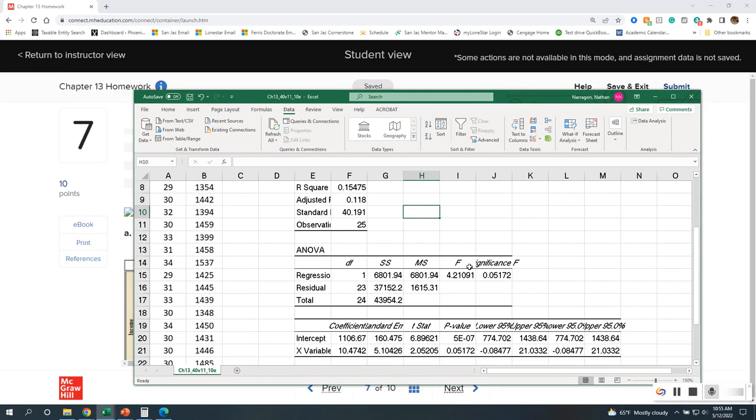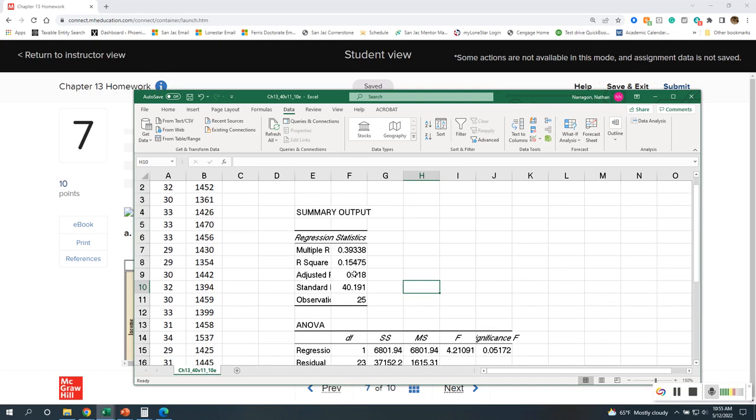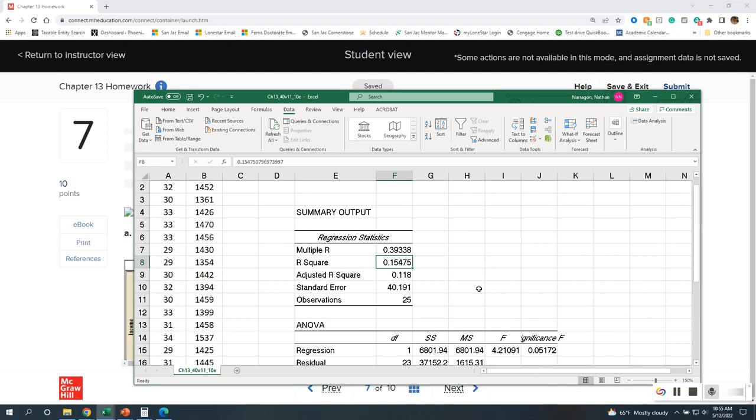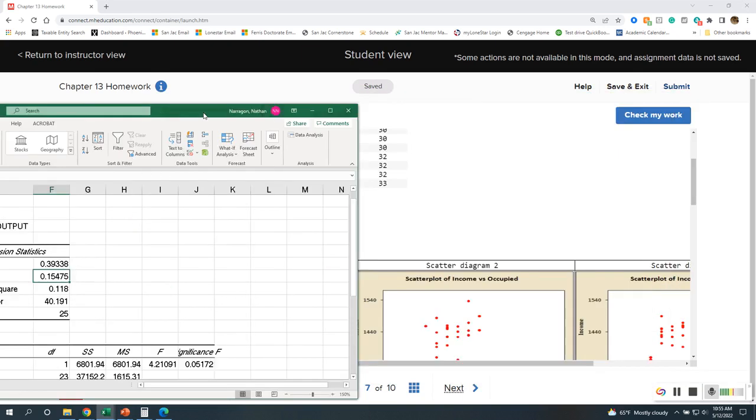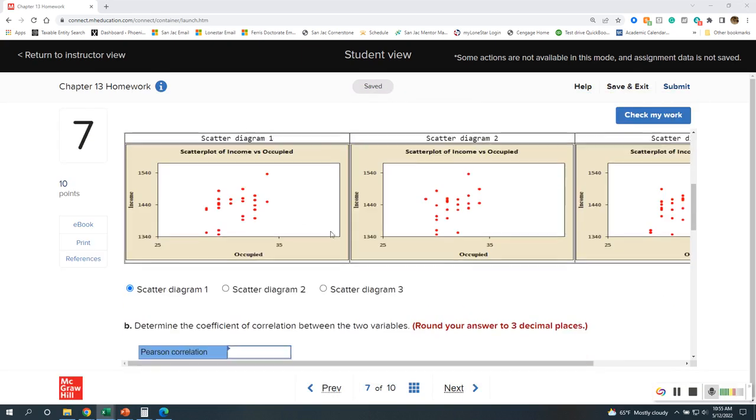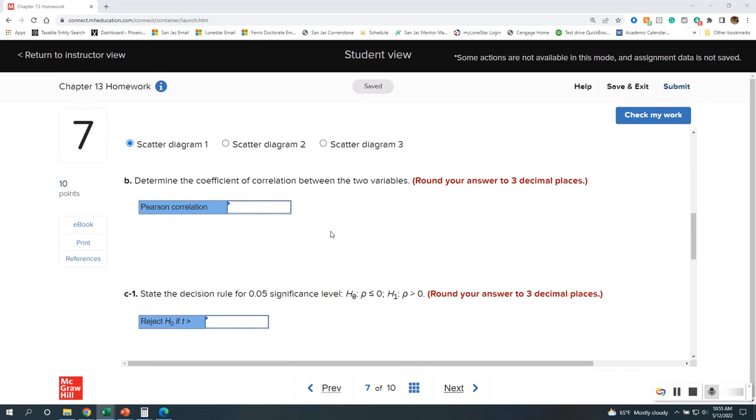So, from here, again, we have a lot of fun information. Then we have our R squared. Reason why we like R squared, because if I'm looking for a correlation, coefficient of correlation, it's just the square root of that. So I can go ahead and calculate that out.